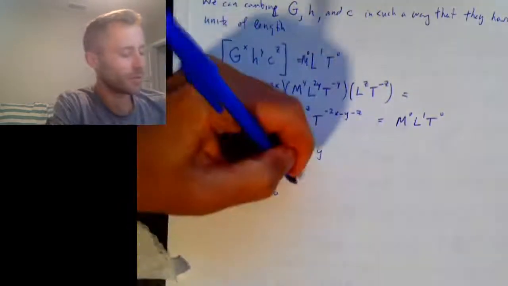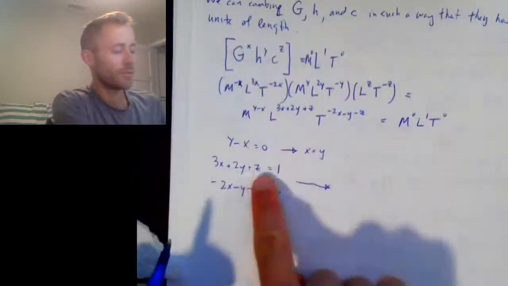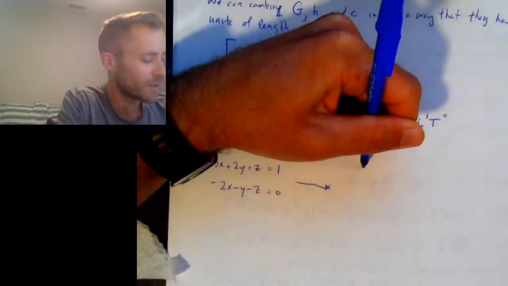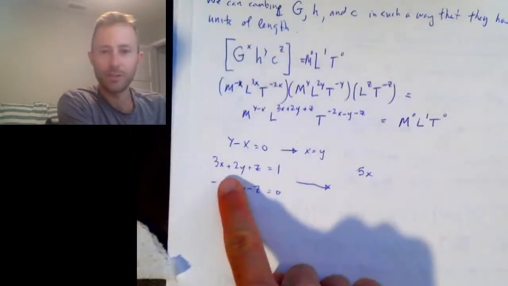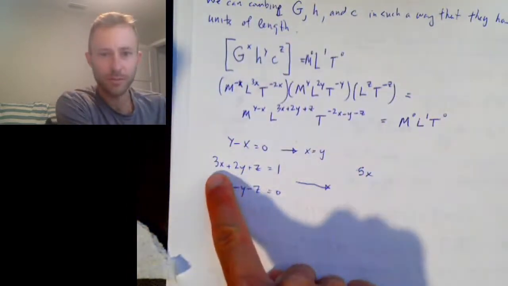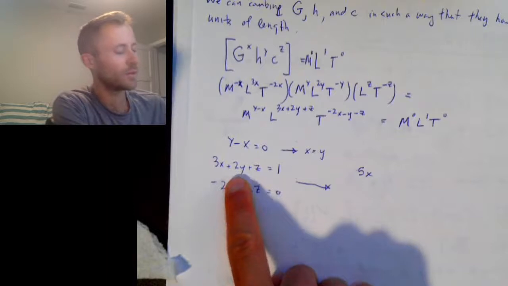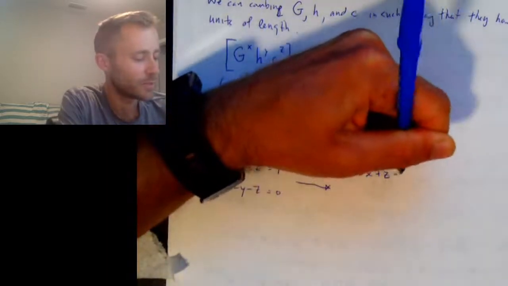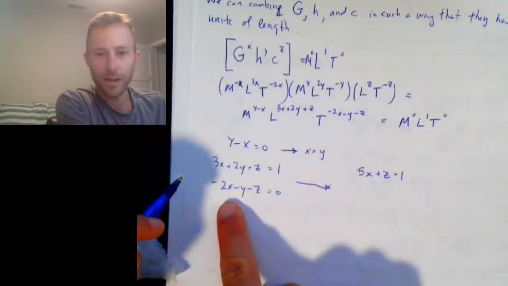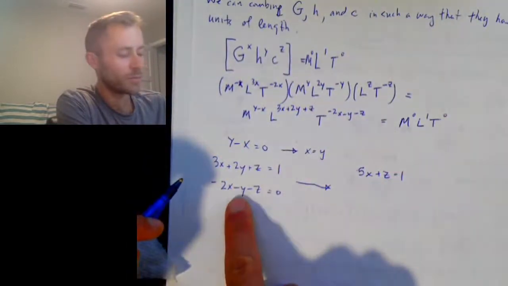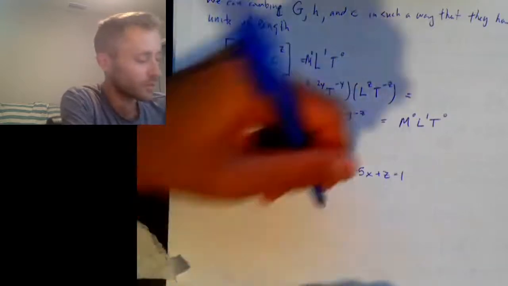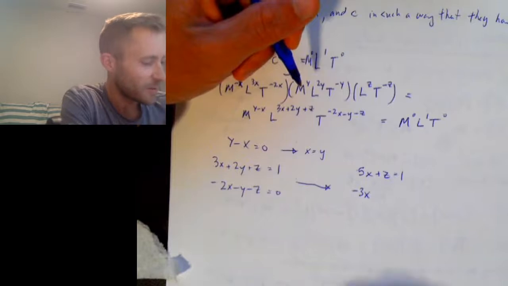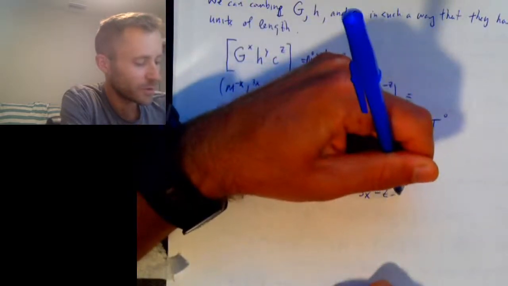So then I can rewrite the bottom two equations as 5x, because x equals y, right? So 3x plus 2x plus z equals 1. And then here I have minus 2x minus y, which is the same thing as minus 3x, minus z equals 0.